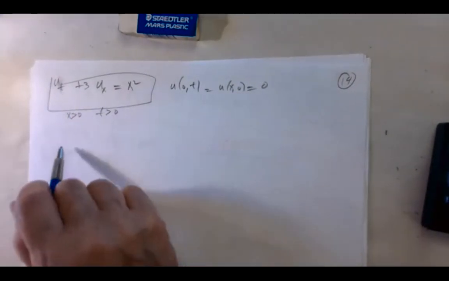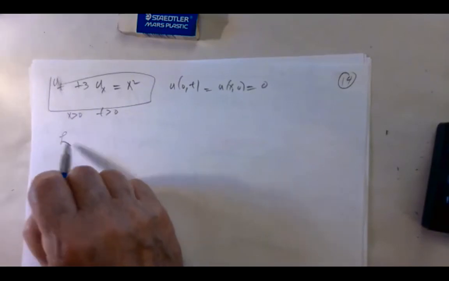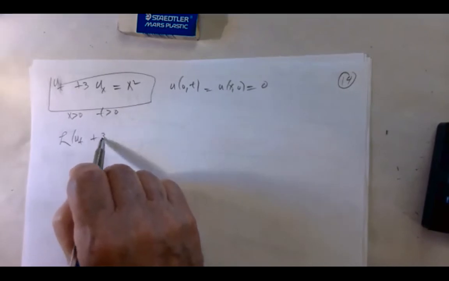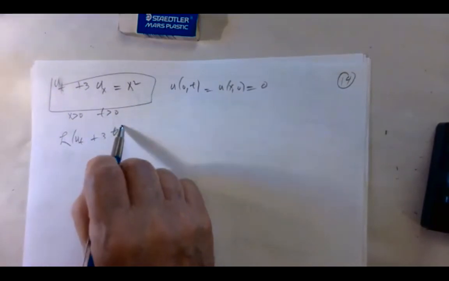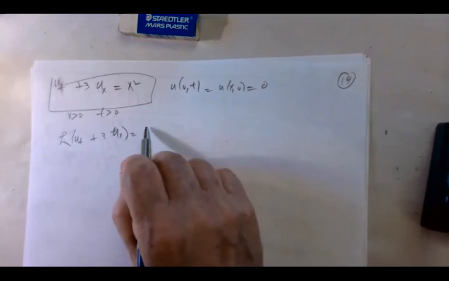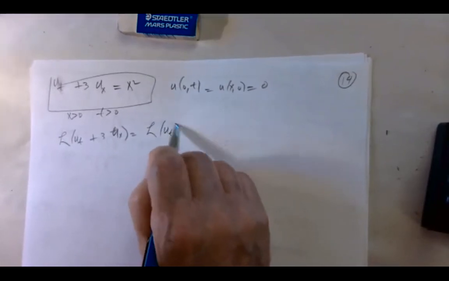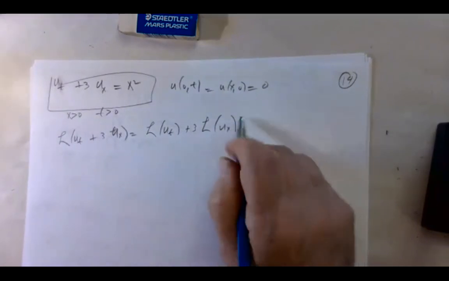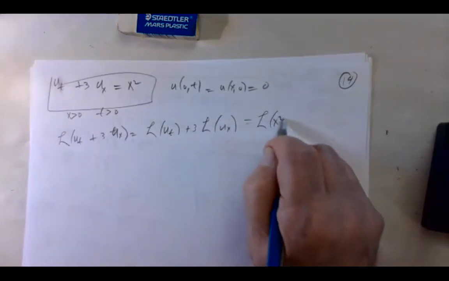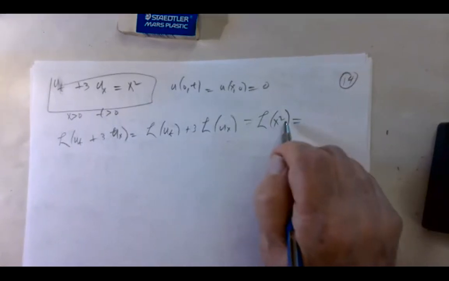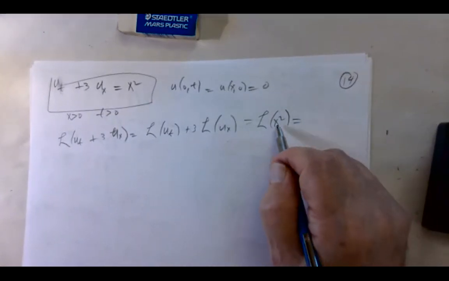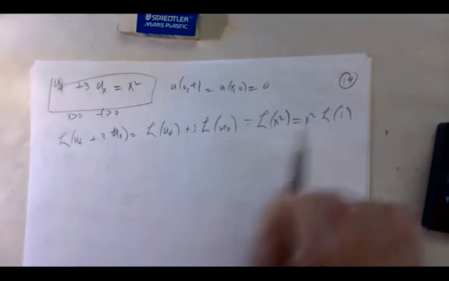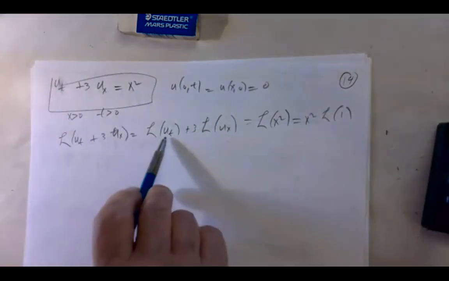So what do I have? I have the Laplace transform of u_t plus 3u_x. That's the Laplace transform of u sub t plus 3 times the Laplace transform of u sub x is the Laplace transform of x squared, but the Laplace transform is with respect to t, so this is the same as x squared times the Laplace transform of 1.